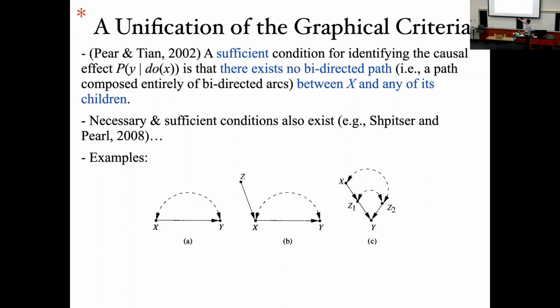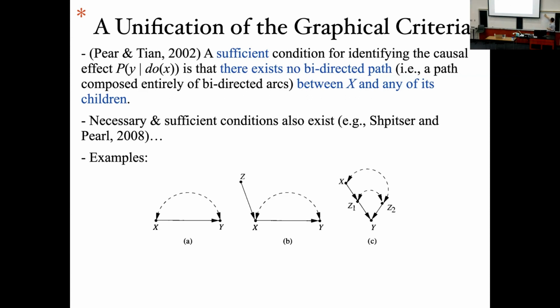Okay, right here, do you think this condition also holds true? Here, by the bidirected path, I mean a path consisting of only bidirected arcs. And by bidirected arc, I mean the following thing. You have those two variables, X and Z. They have a common cause, and this variable is not observable. You have a latent confounder there.